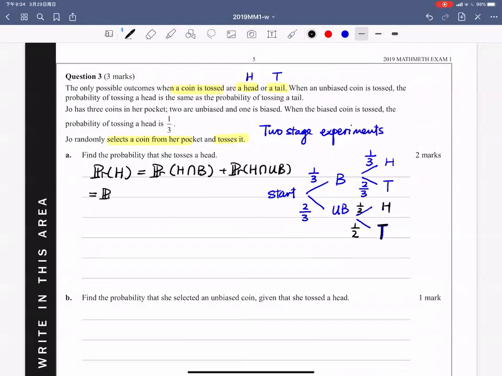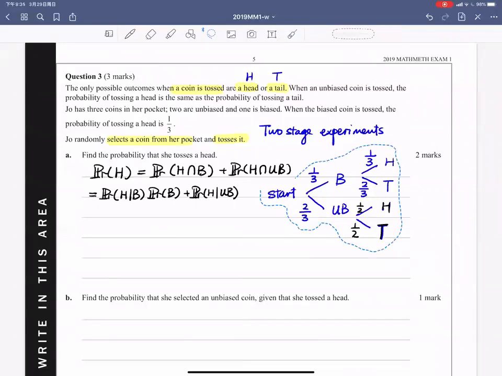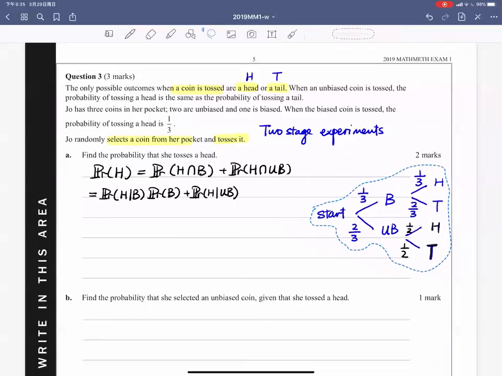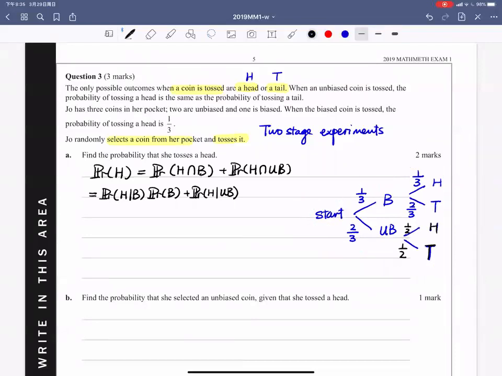Formally, in probability statements, you should have P(H given B) times P(B) plus P(H given unbiased coin). All right, I'm occupying too much space with my tree diagram, so let me relocate my tree diagram to here. Then I should write probability of unbiased.